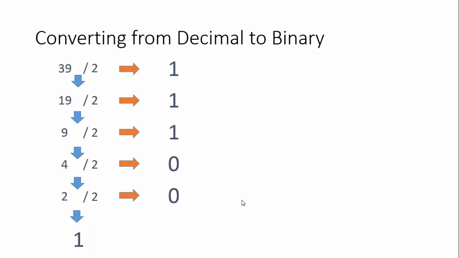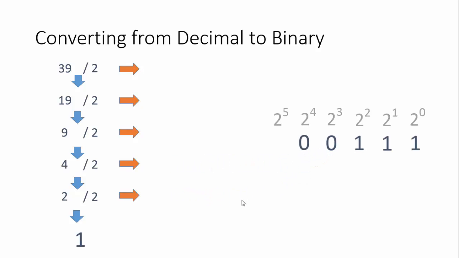So now to convert this to binary, watch how the numbers are placed. I'm going to start at the top number, and that's going to be the rightmost digit. Okay, and there is our binary equivalent for 39 decimal.